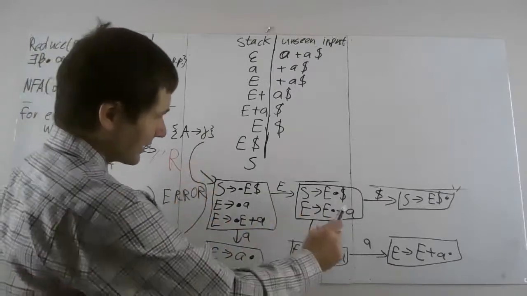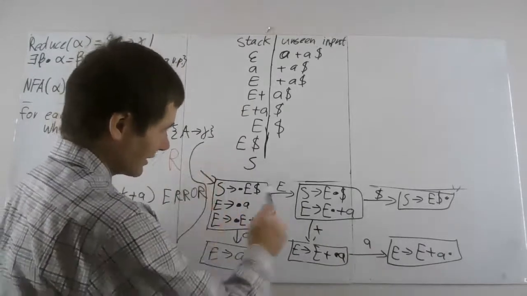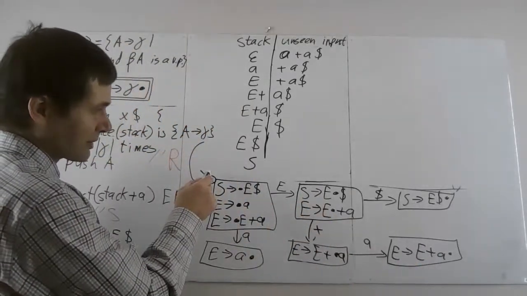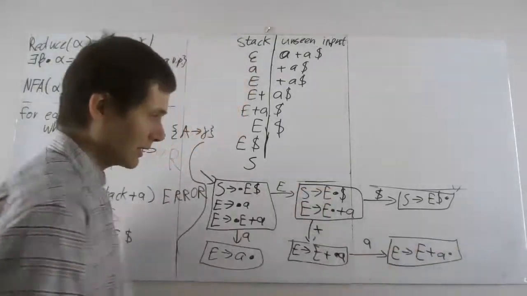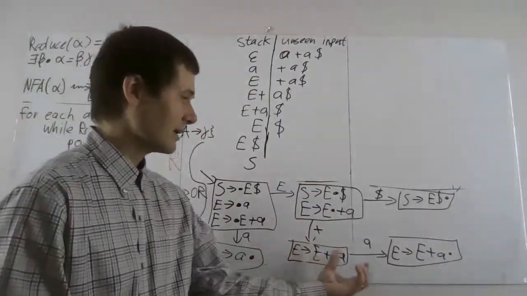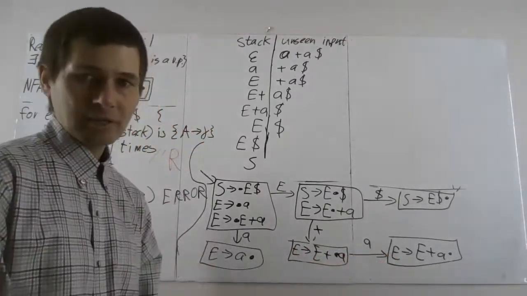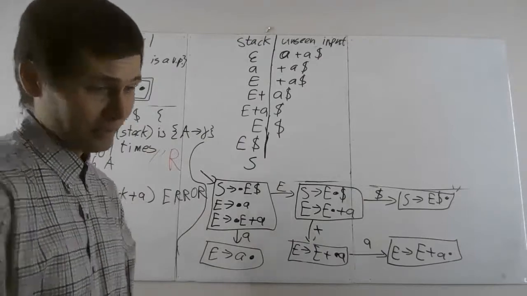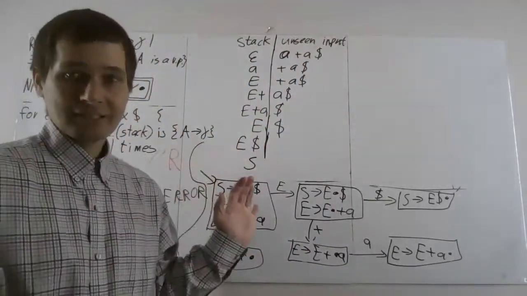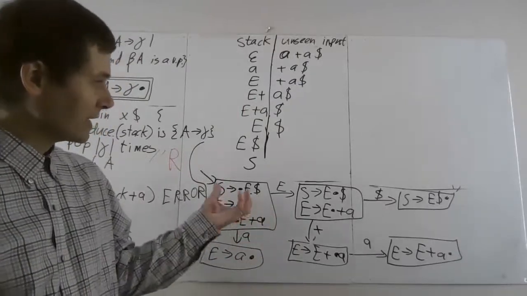I had E plus A, and each time I would go to the beginning and go all the way through, mostly the same path, but maybe just adding an extra symbol to the end of the stack. It's fine. It's correct. It will parse, but it's a little bit inefficient.